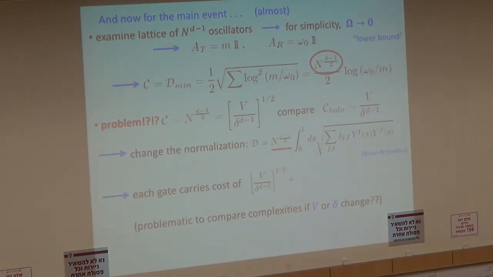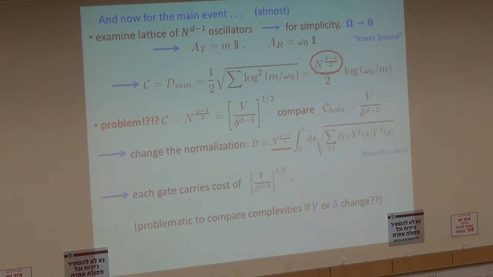And if we're throwing in an n, in principle, we could throw in some complicated extra geometric or curvature corrections as well to that factor. But that really seems problematic if we want to compare complexities when we change the volume or we change the cutoff. So I'm not in favor of this.